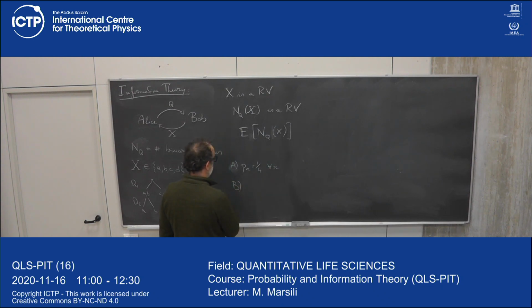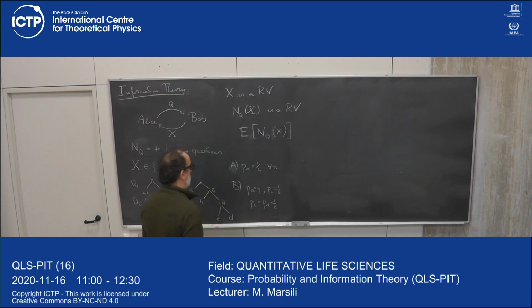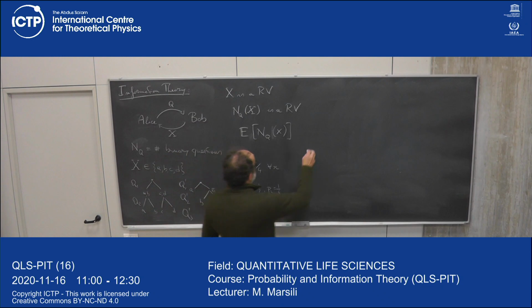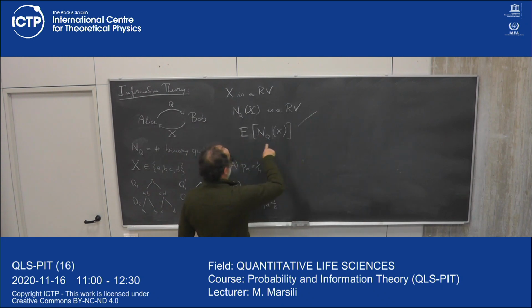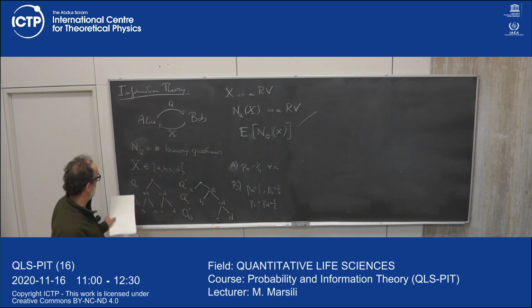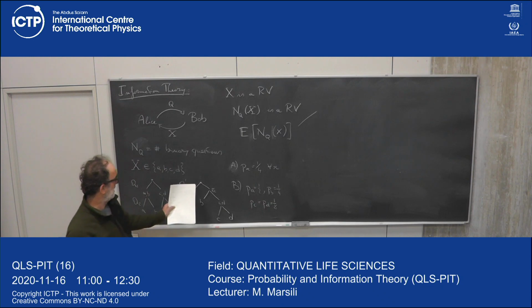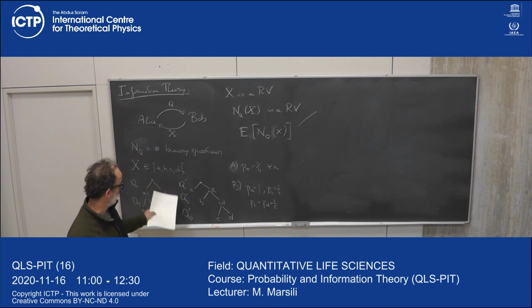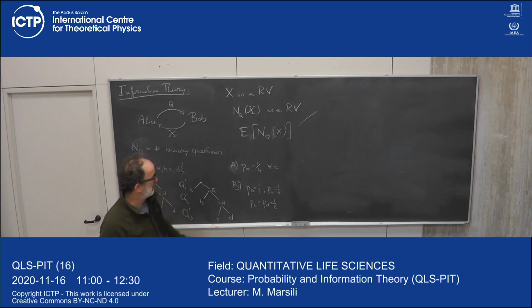In case B, the probability of A is equal to 1/2, the probability of B is equal to 1/4, and the probability of C is equal to the probability of D, which is 1/8. Then you will see that this expected value depends both on the way in which you ask questions, which in this case is Q or Q prime, and on the probability distribution.